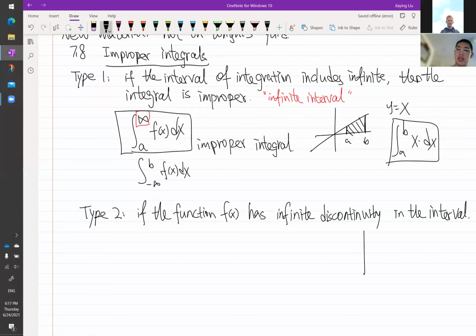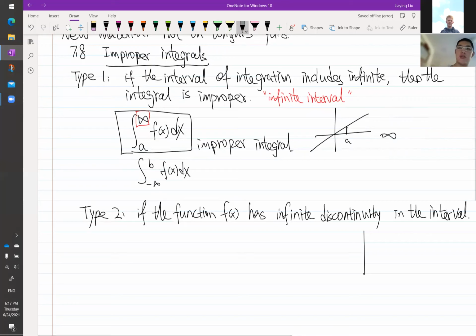Let me redraw the diagram to reflect that. The first case is if you have from a all the way to infinity, and you're looking for the area between them, right? So that's an improper integral.